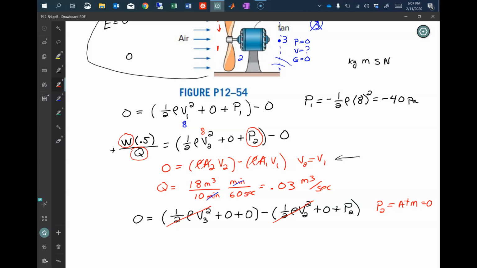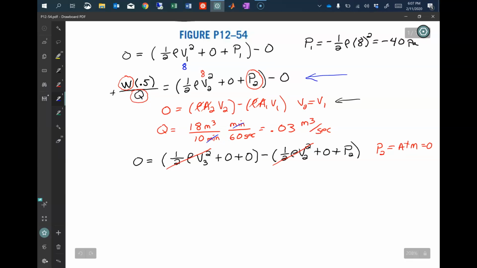Now that I have pressure 2, I can go back up to this black equation and put in the pressure 2. So pressure 2 is equal to 0. So let's pull this guy down. So you have W times 0.5 divided by the Q. The Q was 0.03 equals 1/2 density times 64 plus 0.